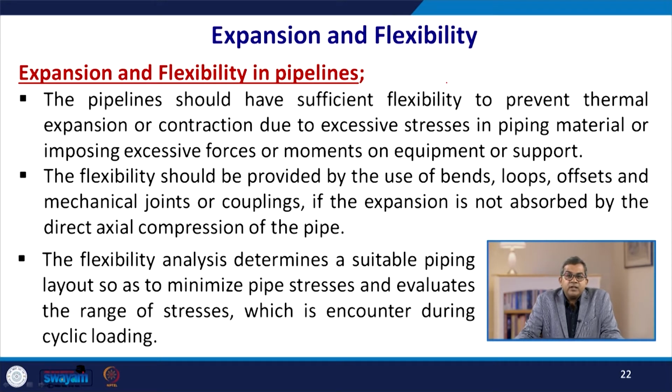The flexibility should be provided by the use of bends, loops, offsets and mechanical joints or couplings, if the expansion is not absorbed by the direct axial compression of the pipe. The flexibility analysis determines a suitable piping layout so as to minimize pipe stresses and evaluates the range of stresses encountered during cyclic loading.